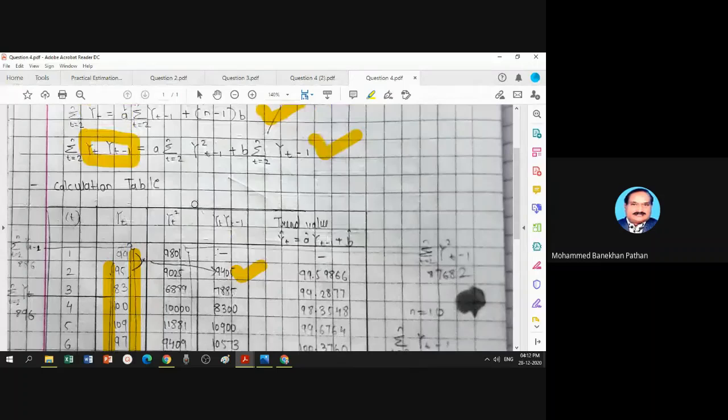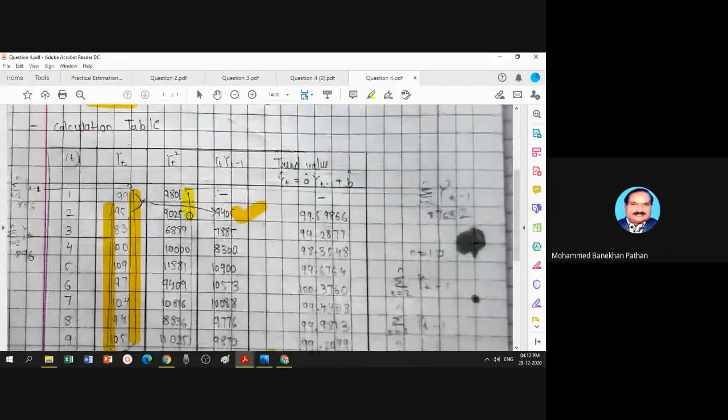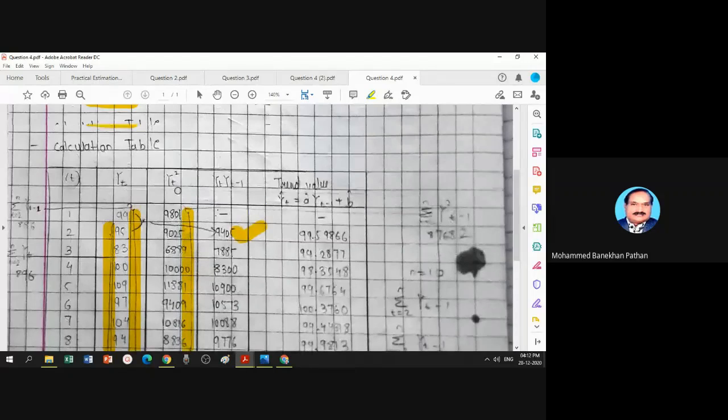So I want from this point till here. I want this calculation for 2 to n.